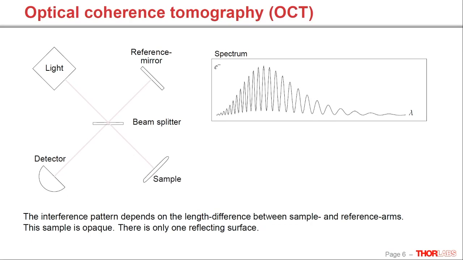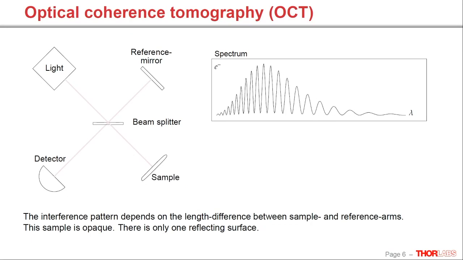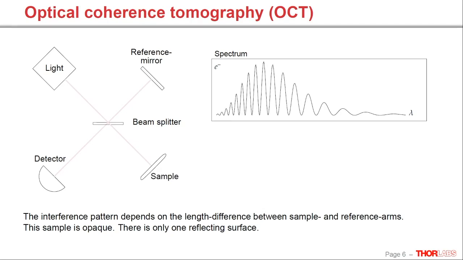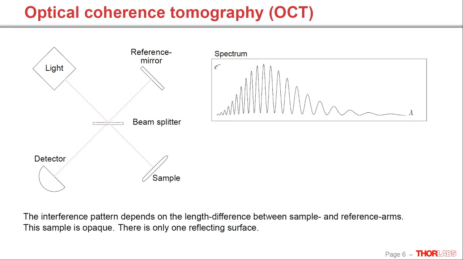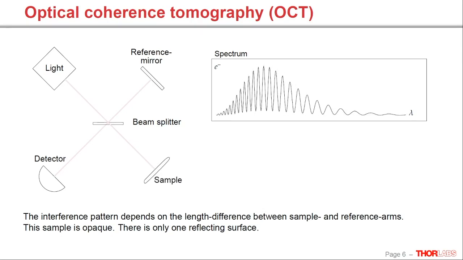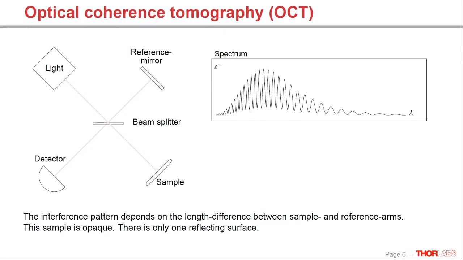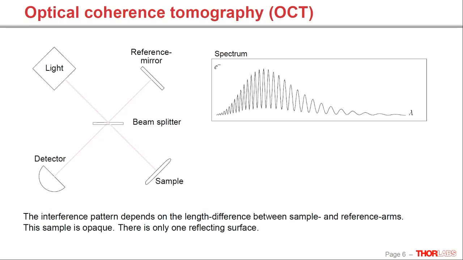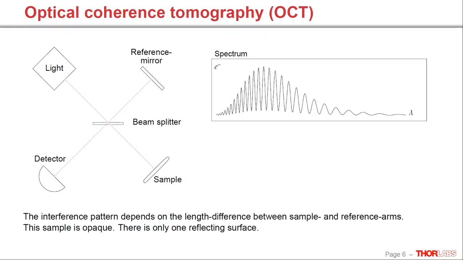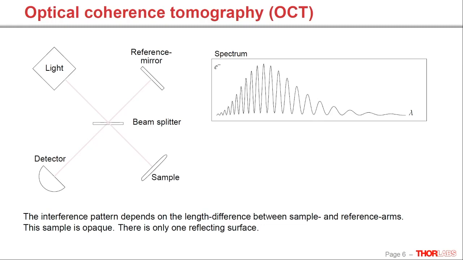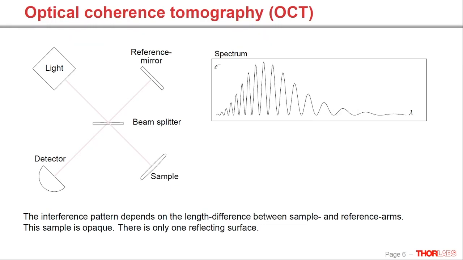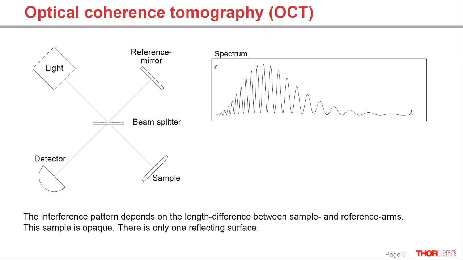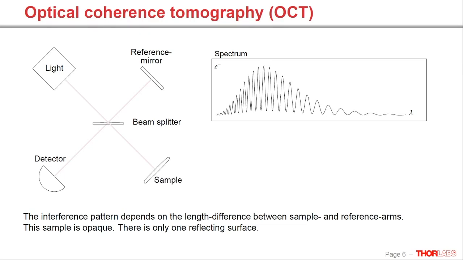Then both reflections reunite and go to a detector that is a bit more complicated than the one pictured here. It can distinguish between different wavelengths. And what happens at the detector is that we see an interference pattern whose actual constitution depends on the relative distance between the reference mirror and the sample.